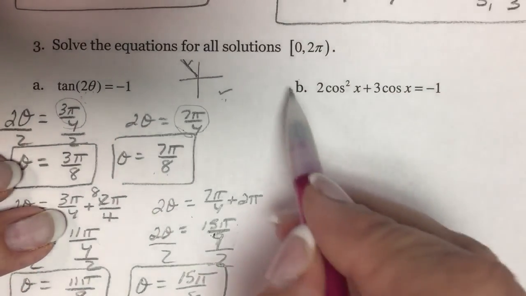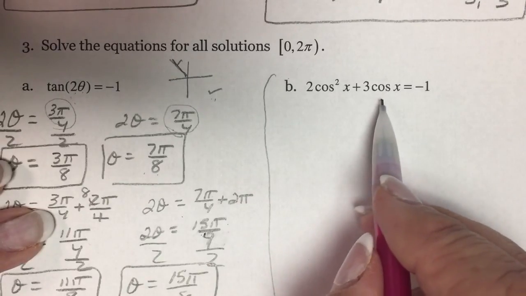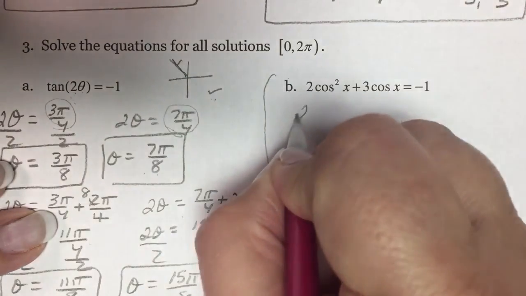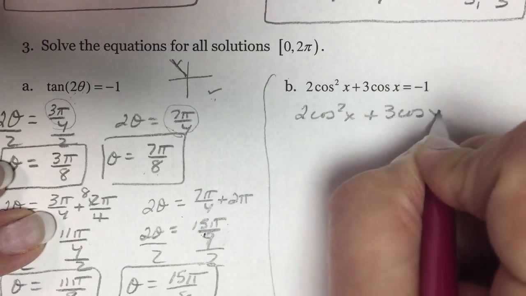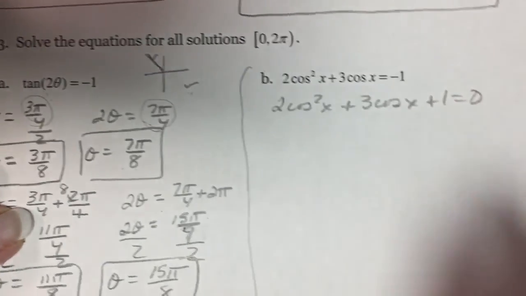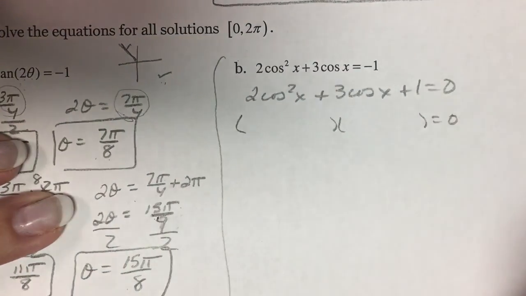All right, let's go to B. Looks again to me like we're going to have to factor, but I'm going to have to add 1 to both sides first. Got to set it equal to 0. Let's go ahead and factor.